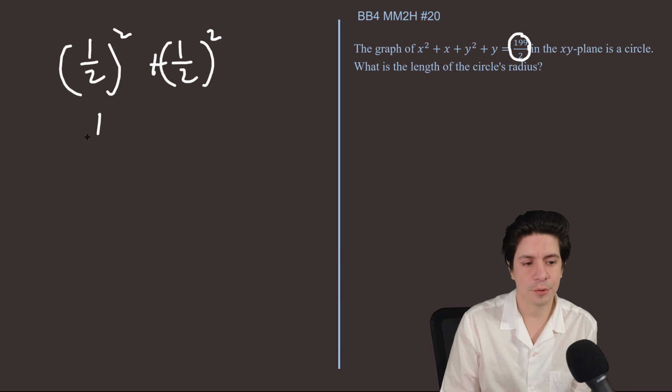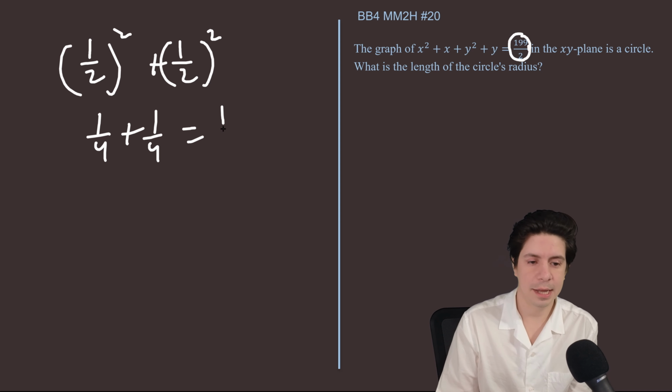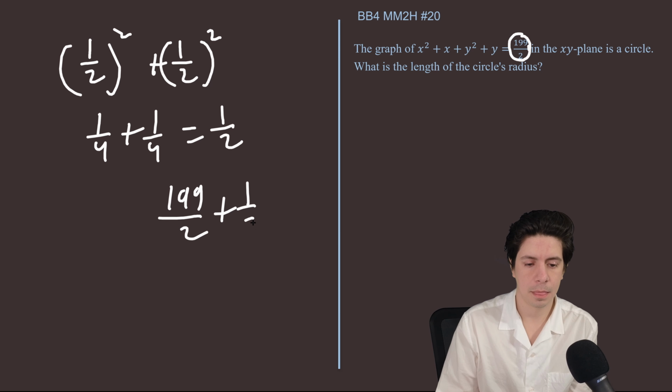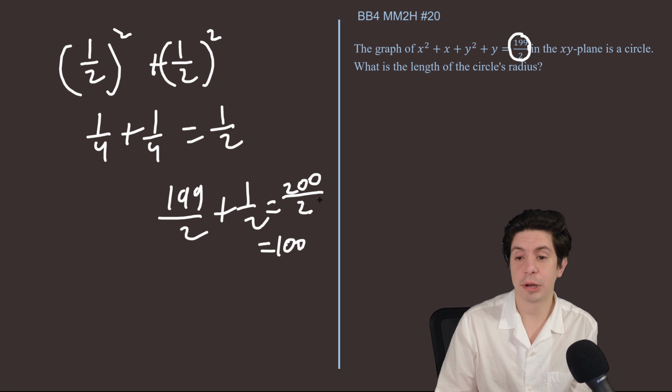And that's going to be 1/4 plus 1/4. And we're going to get 1/2. And we add that to 199 over 2. That gets us 200 over 2 equals 100. And the square root of that to find the radius is 10.